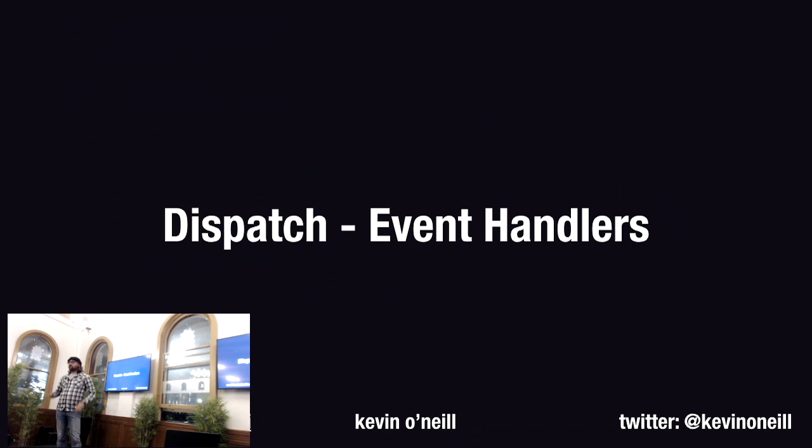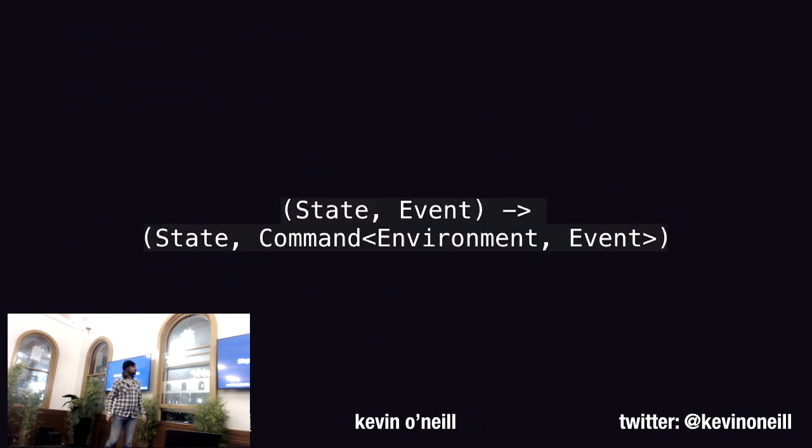Dispatch. If you've used Redux, you'll have heard of reducers, event handlers, whatever. They take a state and event, and they produce a state and some commands. As we can see now, the commands have environments and can produce events.